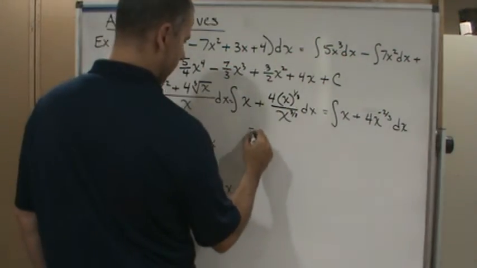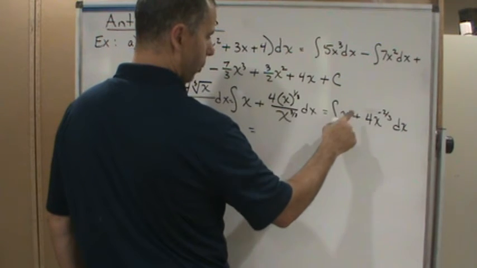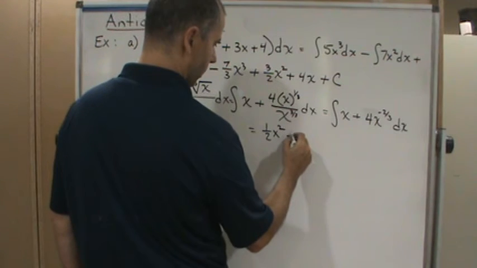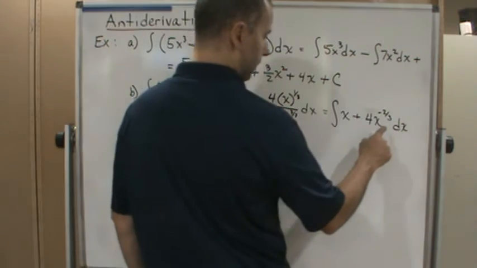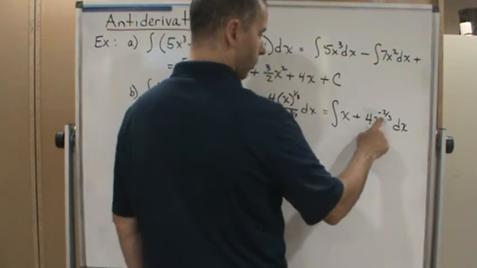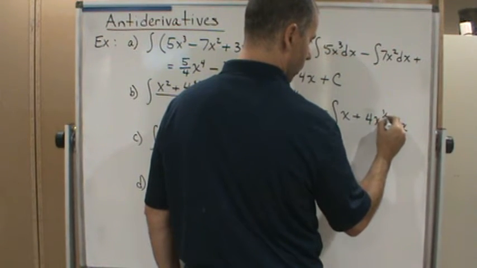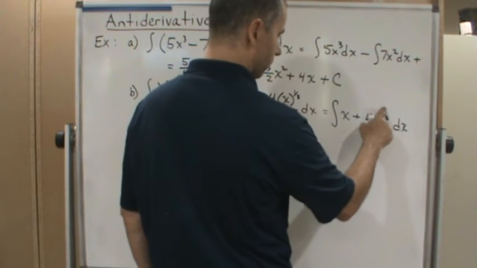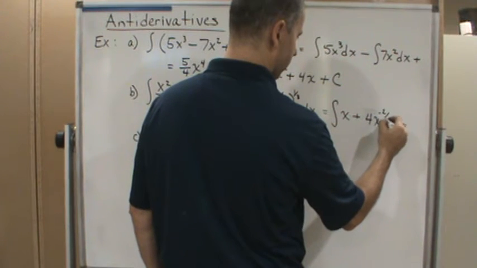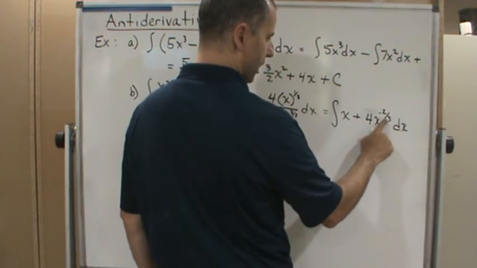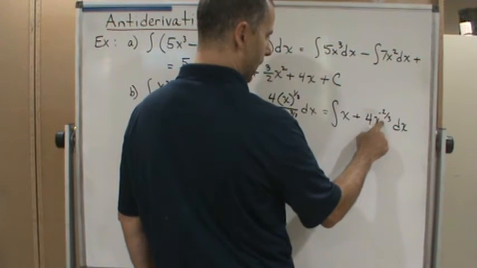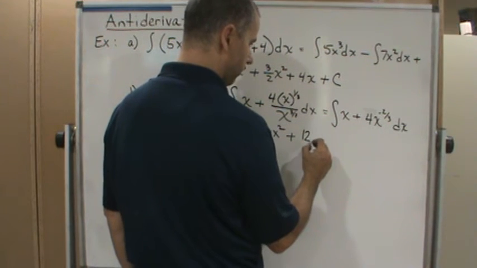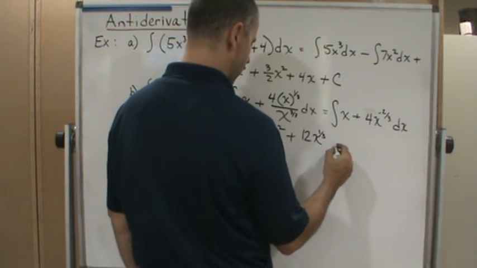And so what happens? The antiderivative of x is 1/2 x squared plus, I'm going to increase this exponent by 1, so I'm going to add 3/3 to the negative 2/3, which makes this positive 1/3, and then divide by 1/3, which is the same as multiplying by 3, I'm going to get 12x to the 1/3 plus c.